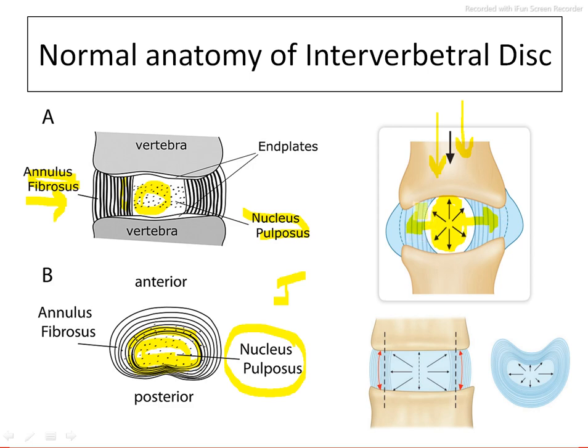Now the annulus fibrosus fibers are spirally arranged, and because of the spiral arrangement they tend to cancel the horizontal force acting. The two forces going in opposite directions cancel each other, and because of this phenomenon the intervertebral discs act as a shock absorber. So this is the normal anatomy and the normal biomechanics.